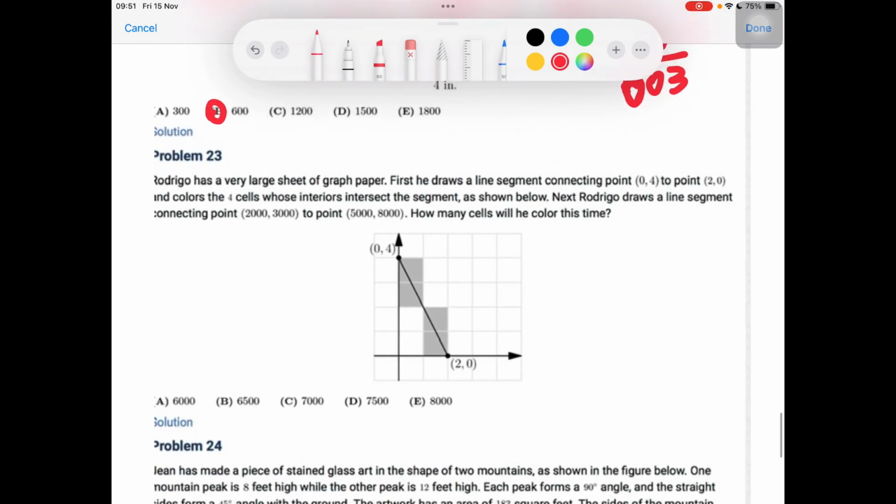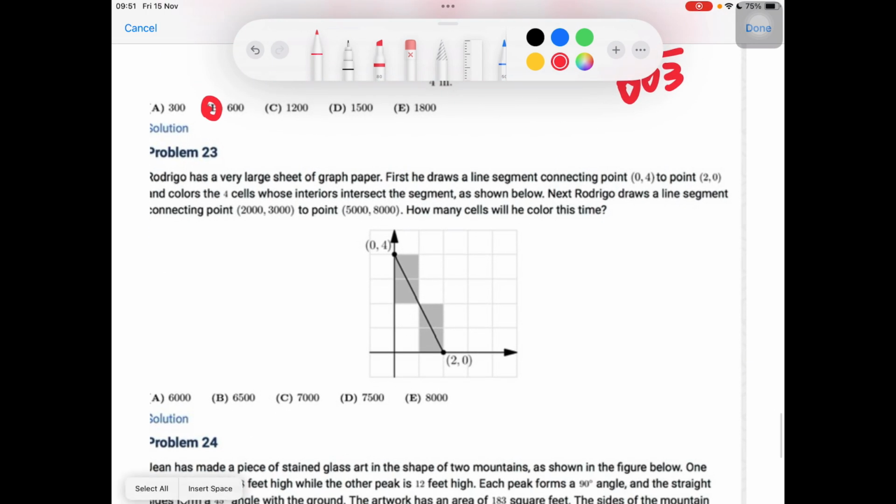And problem 23. Rodrigo has a very large sheet of paper and drew a line segment connecting 0 to, okay, like this. And whenever it passes through the grid, he made a shadow like this, colored.